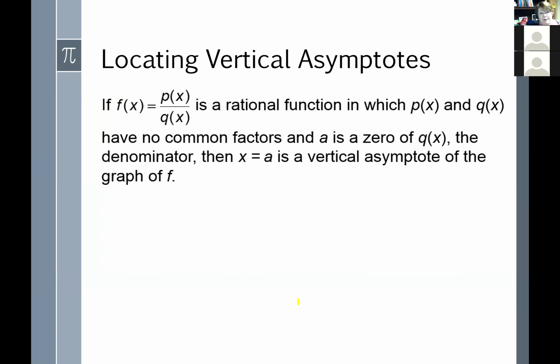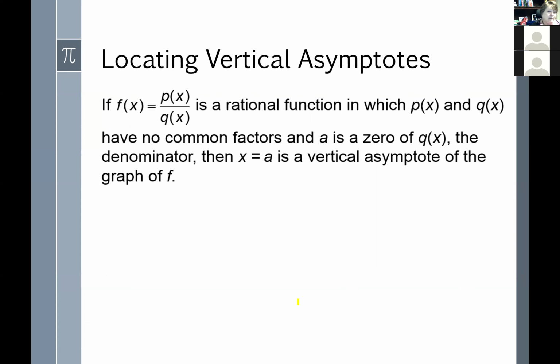Whatever factor I have left in the denominator, if I set that equal to 0, that finds the vertical asymptotes. Okay, so you have to factor your numerator, factor your denominator, cancel any common factors if you have them.